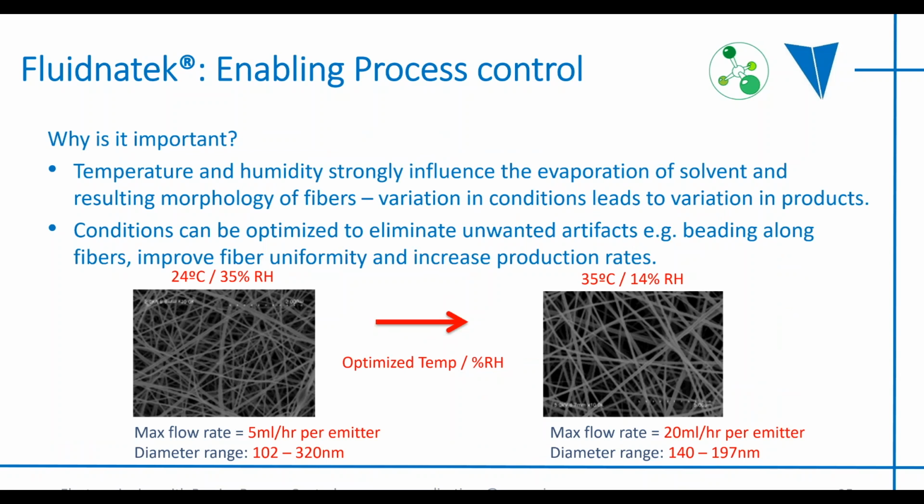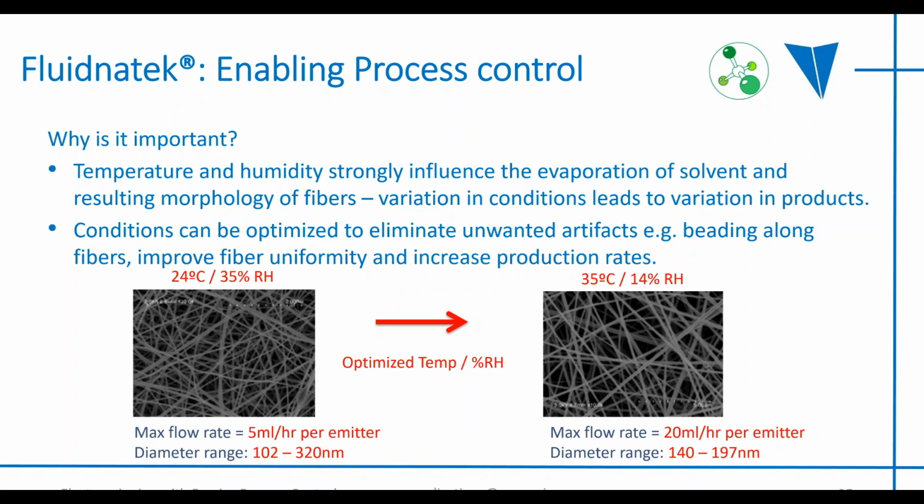And this control is particularly important when you're wanting to create consistent product. So very important in the manufacturing setting, particularly for medical or pharmaceutical type applications, but in many others as well. And it's important because temperature and humidity have a strong influence on the evaporation of the solvent, and therefore the spinning of the polymer solution and the resulting morphology of the fibers.